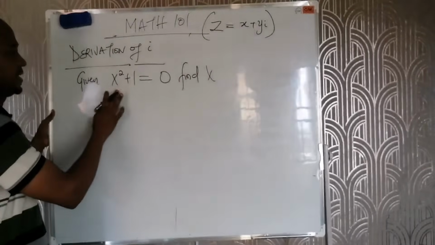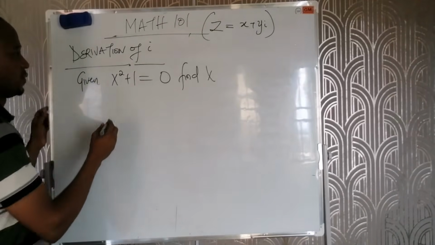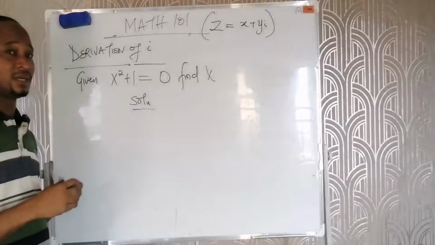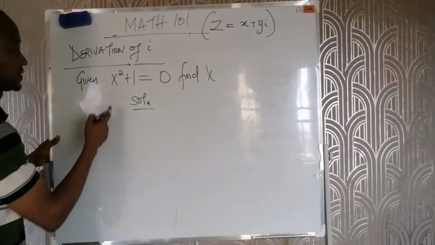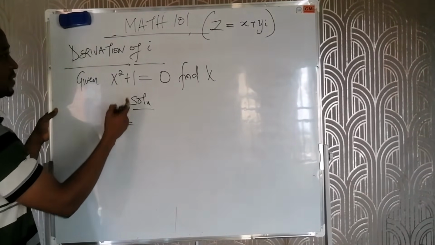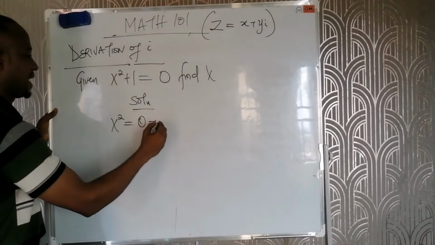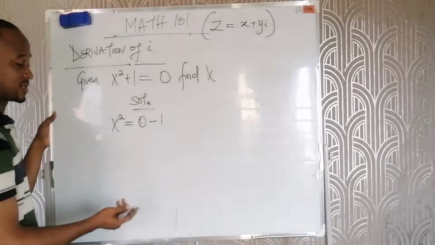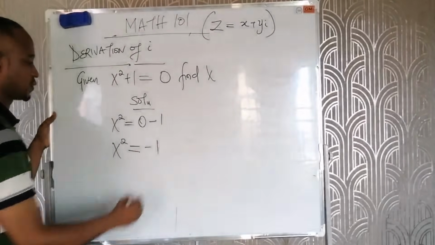So from here, we have to make our x squared stand alone as the subject of the formula. When you move this 1 to the other side, it will be 0 minus 1, or we subtract 1 from both sides. And that will give us x squared equals minus 1.